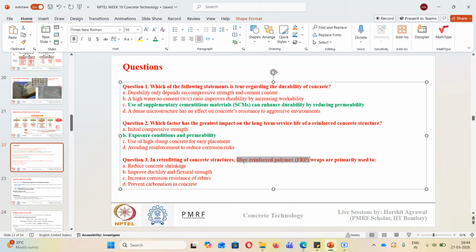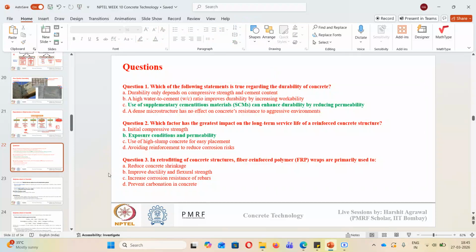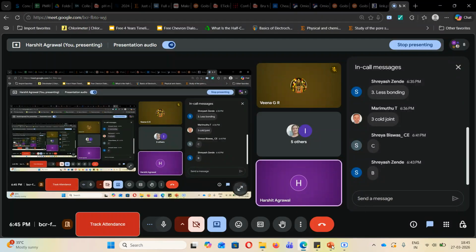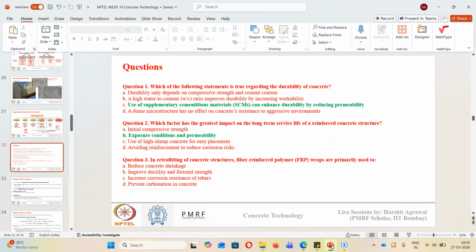Why are they done, and how do they enhance the retrofitting of concrete? Any guess for question number 3?